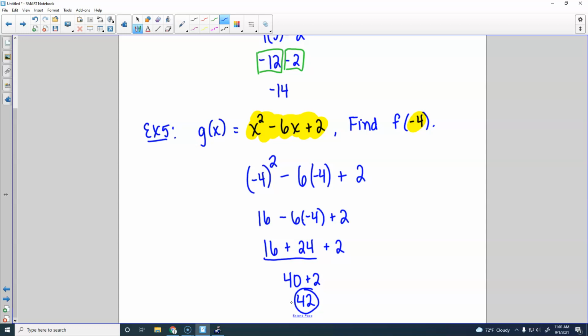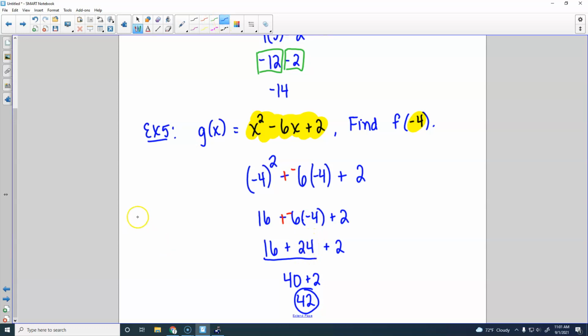Yes? Okay, so the way I thought of it is I did it in my head. I did keep, change right here and made that negative 6 times negative 4, which gives you a positive 24.